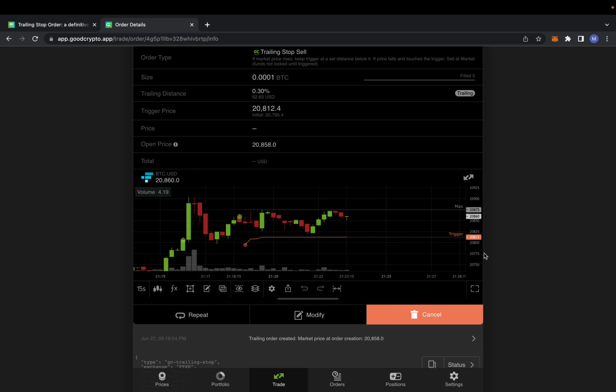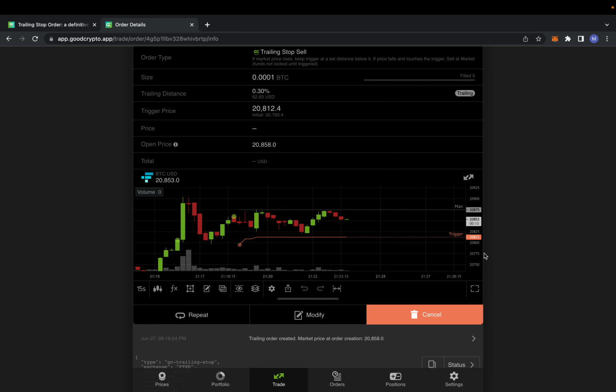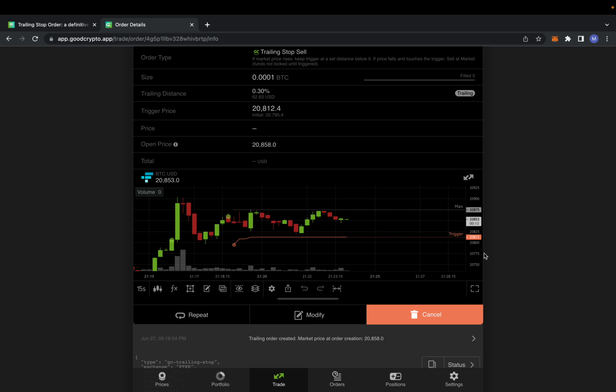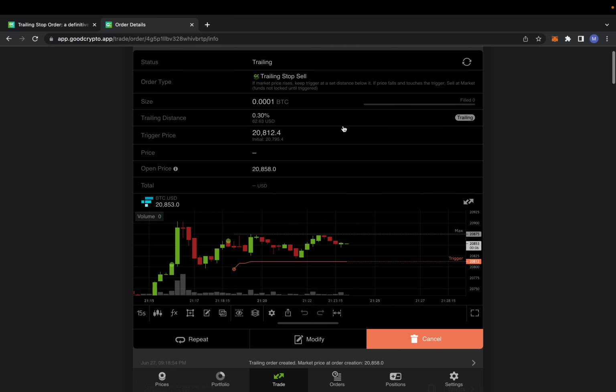The trailing stop order is trying to improve the price of the order execution, basically trying to find and ride the trend. There are two different scenarios. First, you can use trailing stop orders to establish a position. For example, that's what I'm trying to do here. I'm trying to establish a short position.